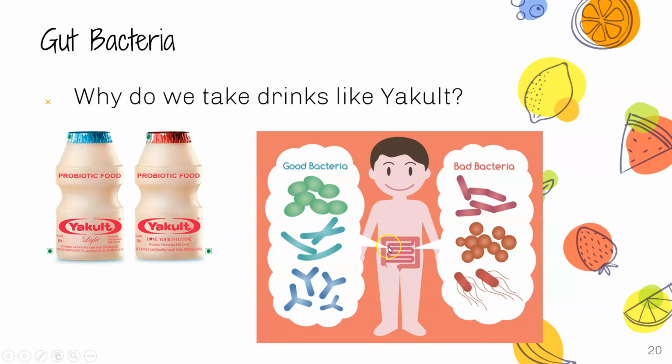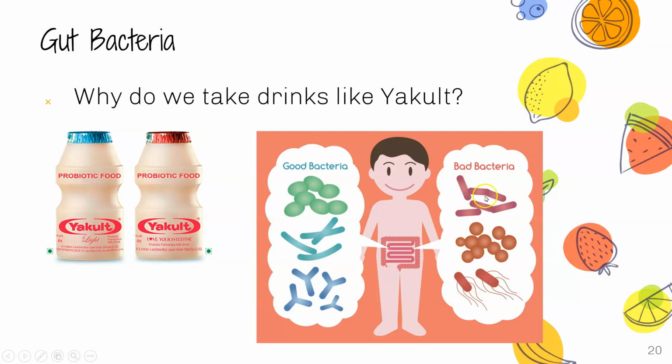In our large intestine and small intestine, we actually have a lot of good bacteria, and this bacteria helps in the digestion of our food. Some of these bacteria actually help to absorb vitamins and minerals into our body. However, there can also be bad bacteria in our large intestine and small intestine.